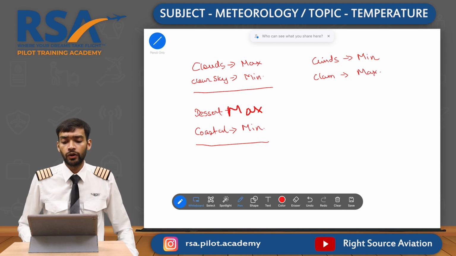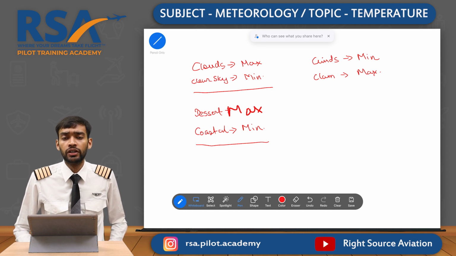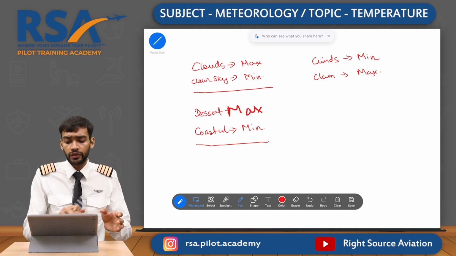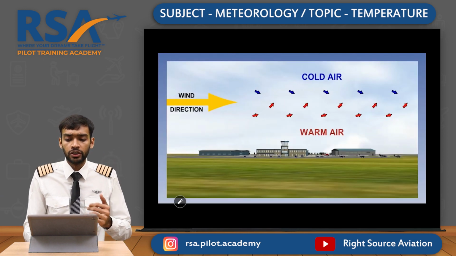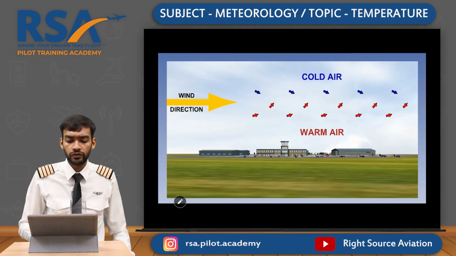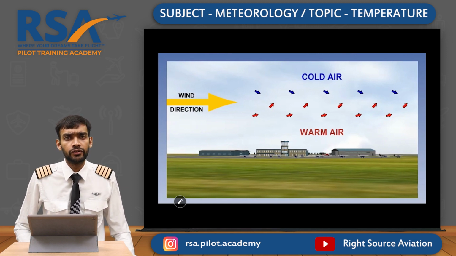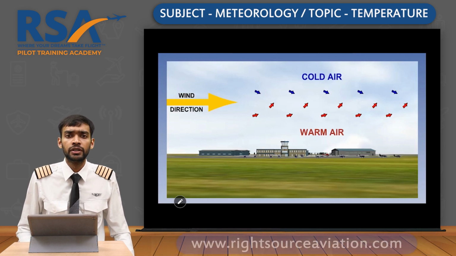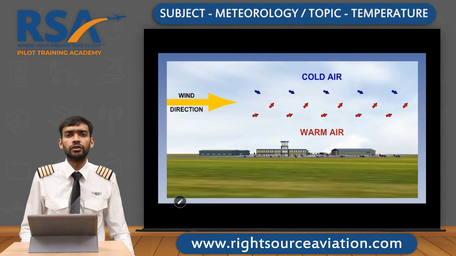Why? For example, if winds are blowing, whatever heat is there over here, it will take away and go away. So make sure whenever the winds are blowing, the minimum change in temperature will happen, while if no winds are blowing, calm winds are there, then maximum diurnal variation of temperature will happen.